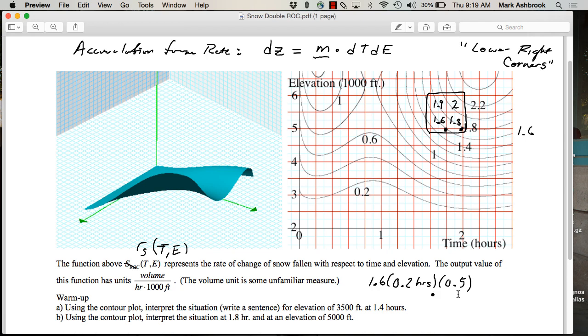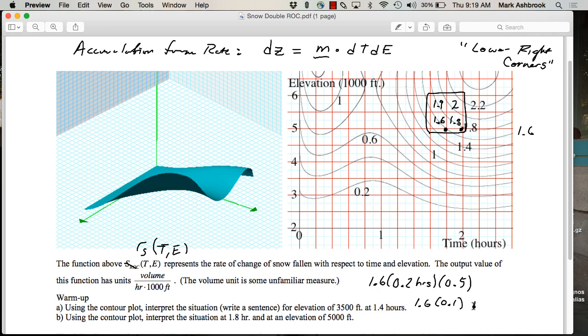So I think all the squares are going to have this dt dE, right? And what is that, 0.2 times 0.5? Is that 0.1? Okay, 0.1. So our dt times dE for all of these is just going to be 0.1. So we're going to do 1.6 times 0.1, and that'll be the little bit of accumulation for this rectangle.